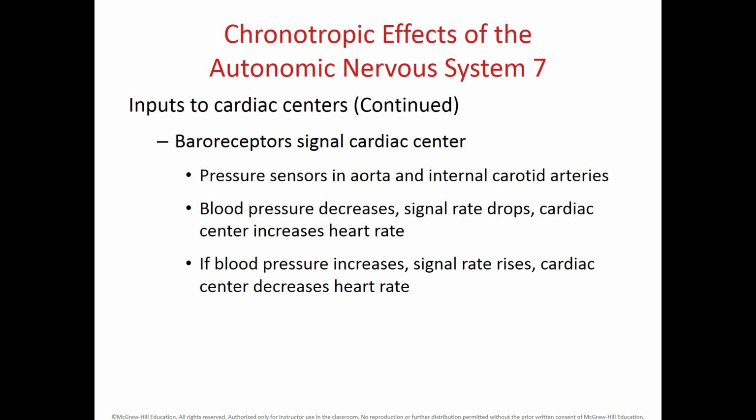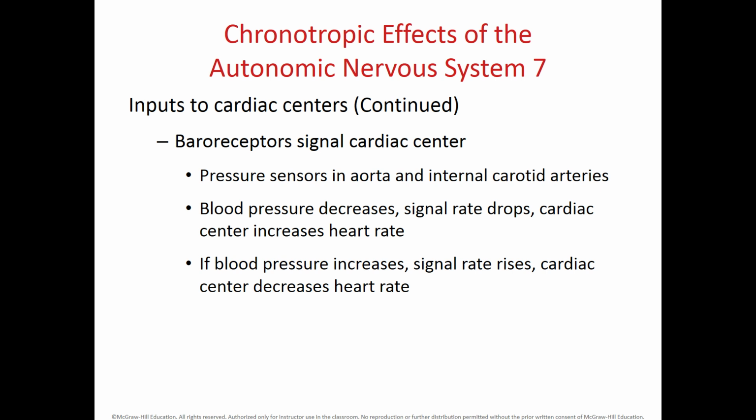Along with that, we have the baroreceptors that signal the cardiac center through the glossopharyngeal nerve, for instance. We have these baroreceptors in the arch of the aorta and within the internal carotid arteries.